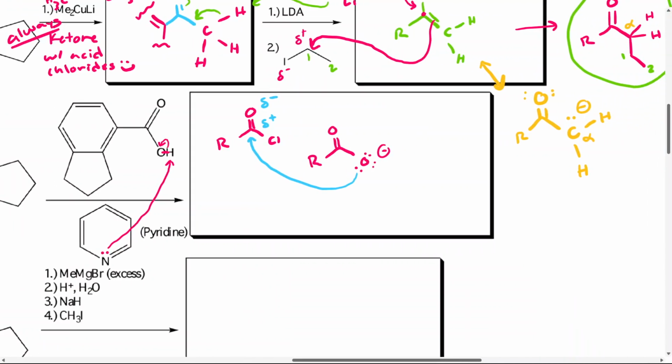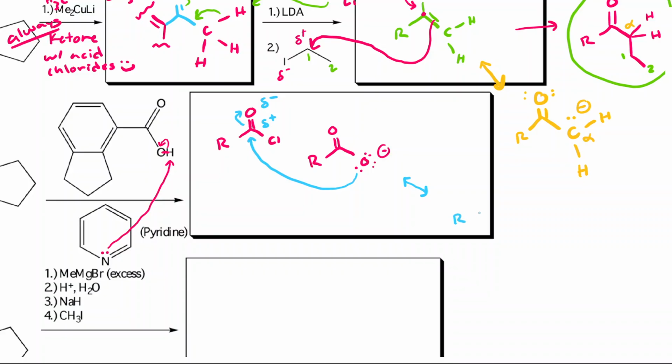And this then results in the electrons in the pi bond moving up to the oxygen because the oxygen can accommodate a negative charge, which then results in this molecule.